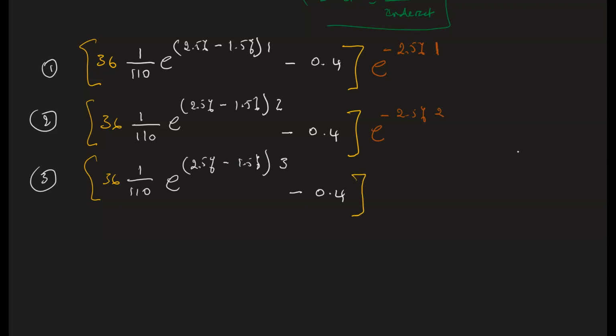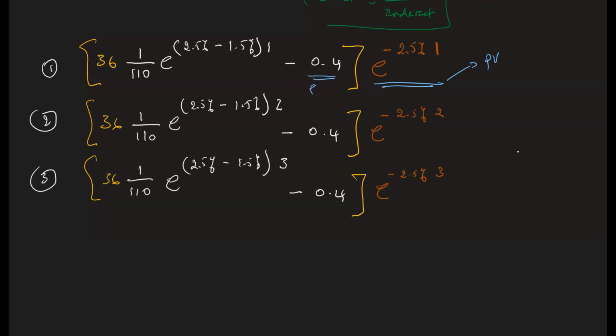And I'm going to discount all of that back to today, to US dollars, by the exponential of minus 2.5% for 3 years.